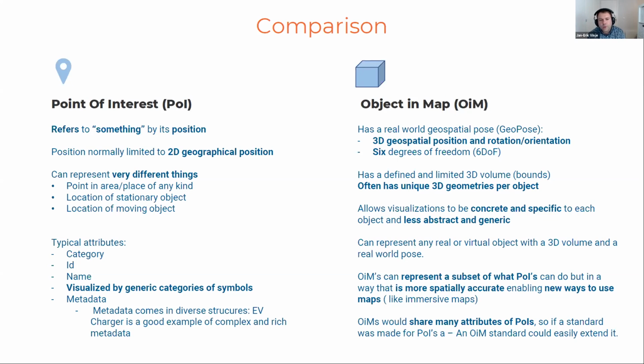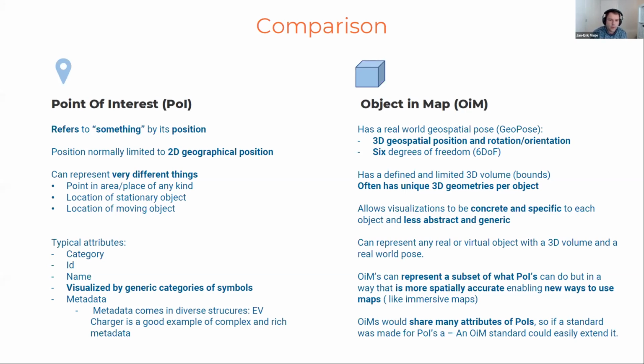You can then visualize the concrete and specific. That makes them more direct and less abstract and generic. You can use them to represent any real or virtual object with a 3D volume and a real-world pose.